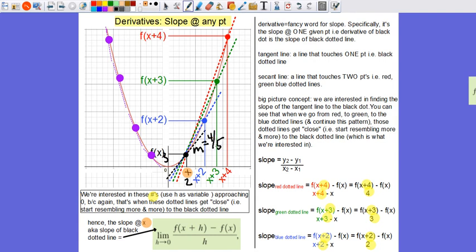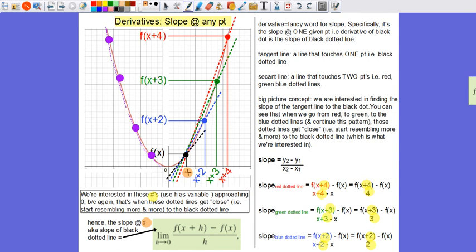Again, the derivative is the slope at certain tangent lines. There wouldn't be a derivative of the blue dotted line, the green dotted line, or the red dotted line because those are secant lines. Those touch two points.